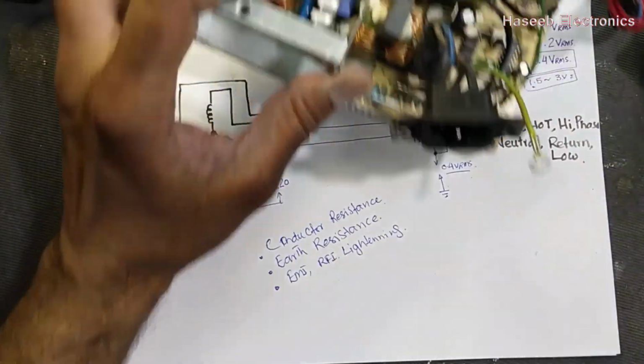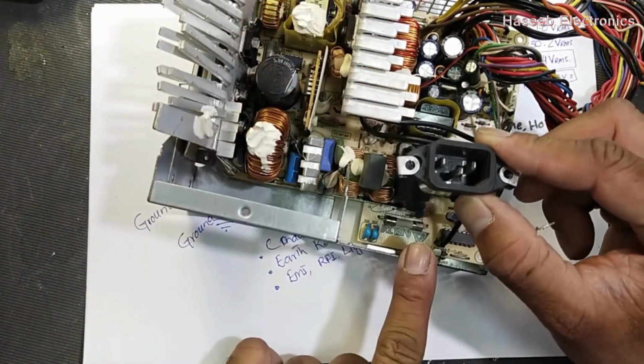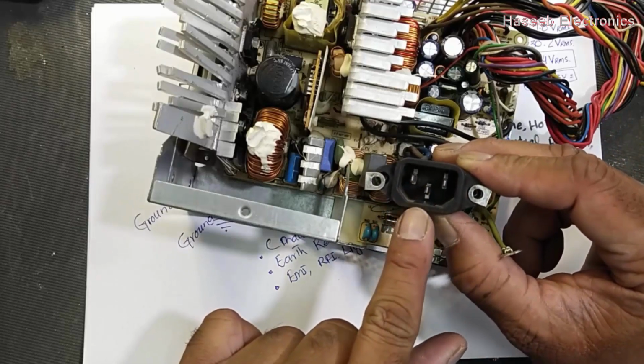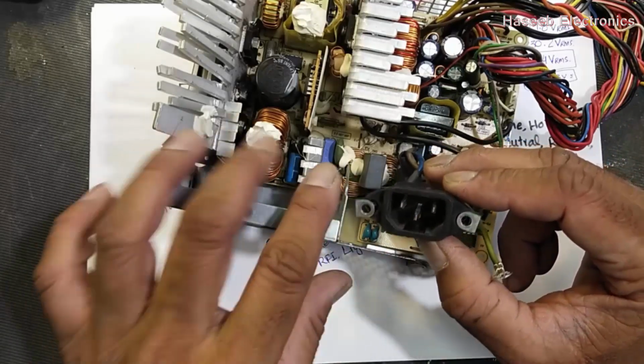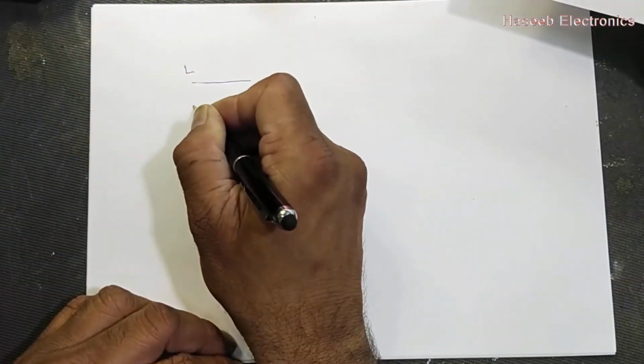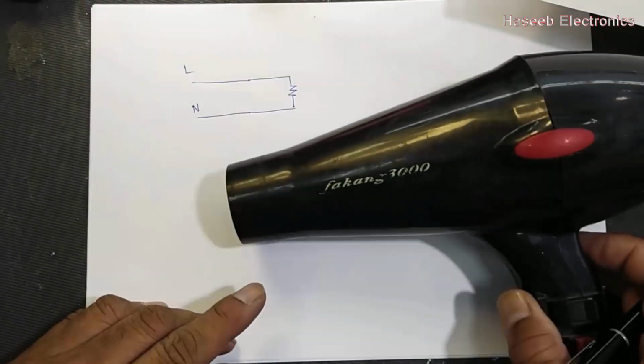But in this load we have a metallic body, and this power supply is using a 3 wire system: 1, 2 and 3, line and neutral to our load in this condition.